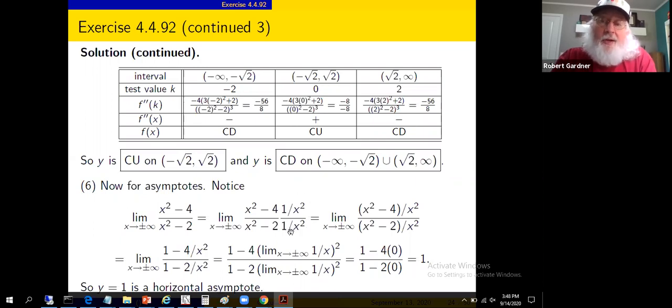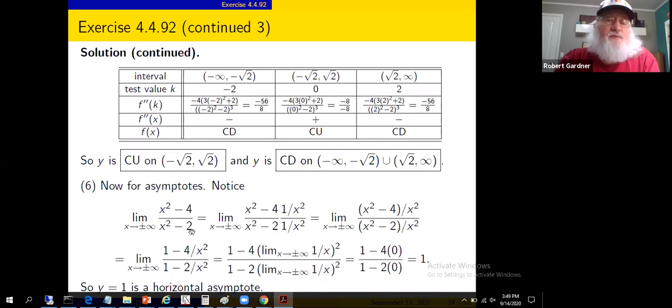Just multiplying by 1. Distributing, simplifying, using properties of limits. What do you know about limits as x approaches plus or minus infinity? Not a whole lot, but I know 1 over x goes to 0. So we get zeros from these two limits. So we get 0 squared, if you like. And that limit's 1. So y equals 1 is a horizontal asymptote.